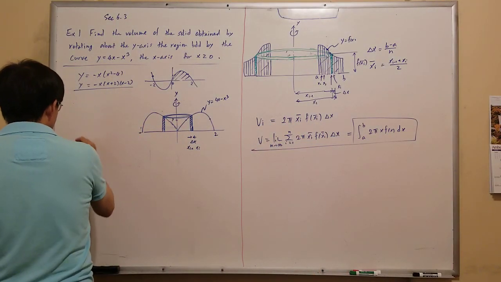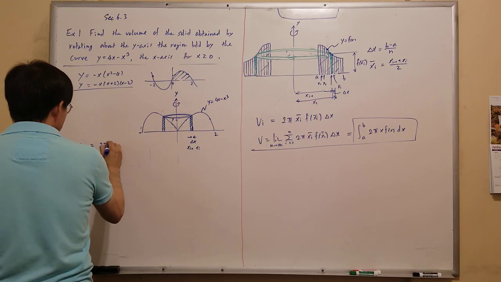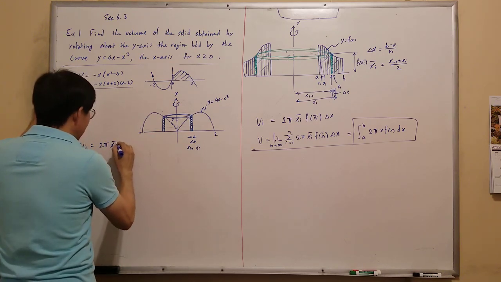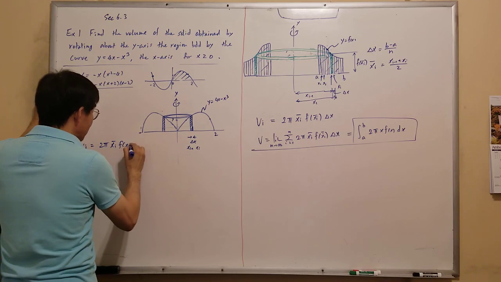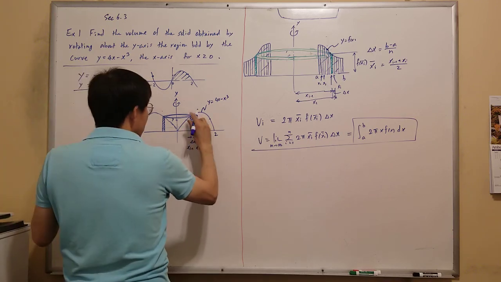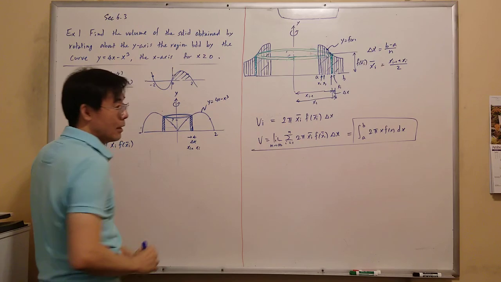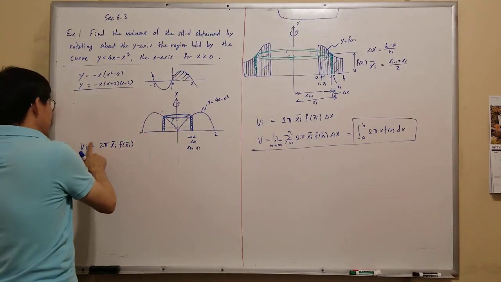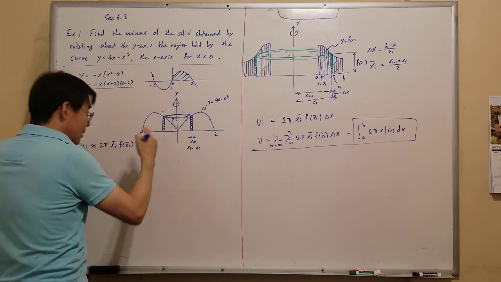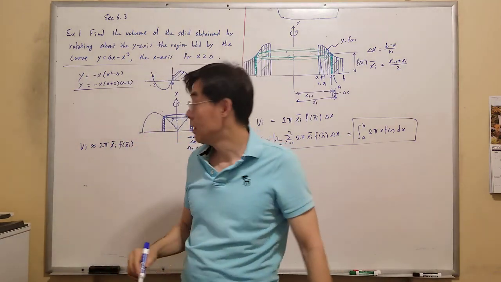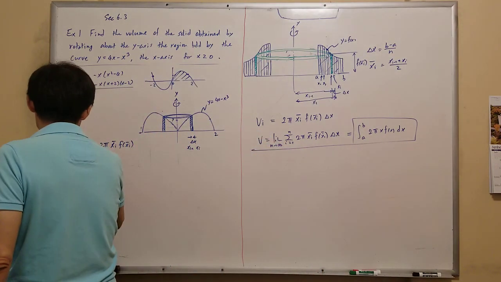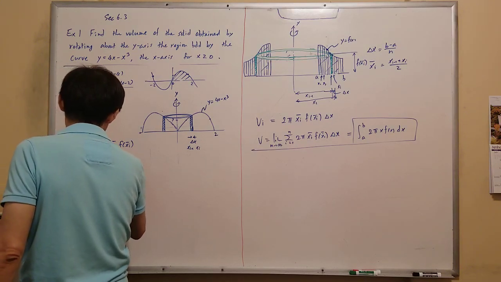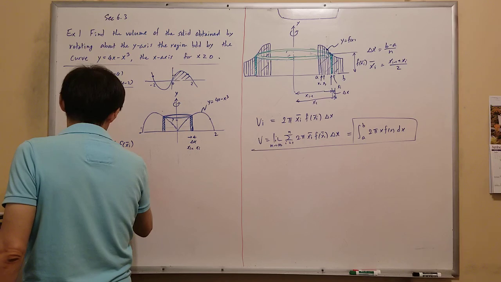Your V_i will be 2 pi, x_i bar, the middle, f of x_i bar, the height at the middle point. Function value at the middle point as a height. That will be a very good approximation of this ith cylindrical shell. And your true volume is the limit of the summation of that one.